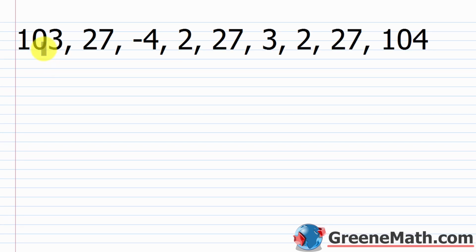All right, here we have 103, 27, -4, 2, 27, 3, 2, 27, and 104. So I know 103 only occurs once, so I'm just going to cross that out. That's not the mode. 27 occurs once, twice, 3 times.